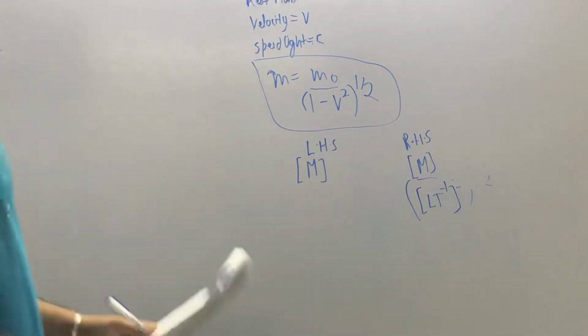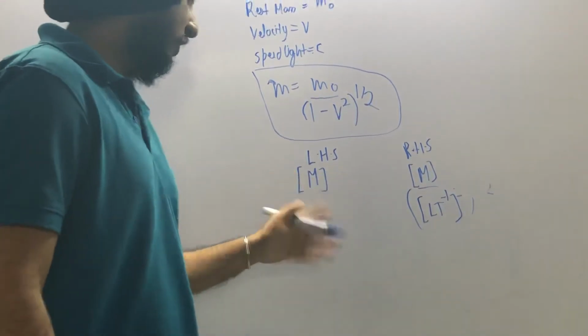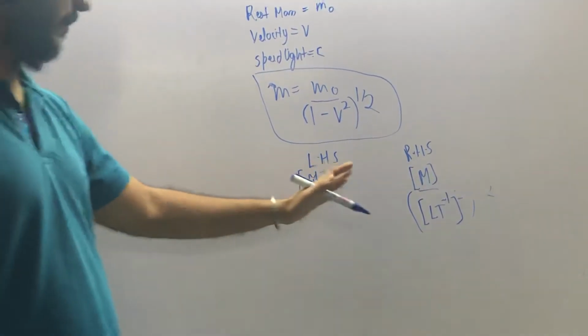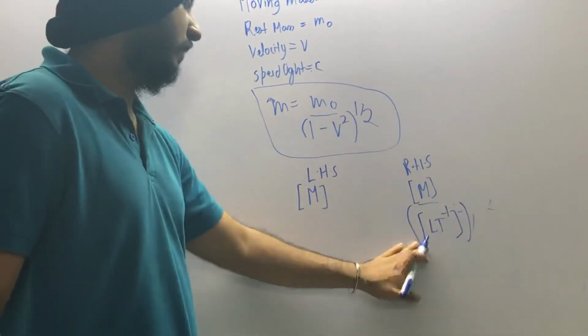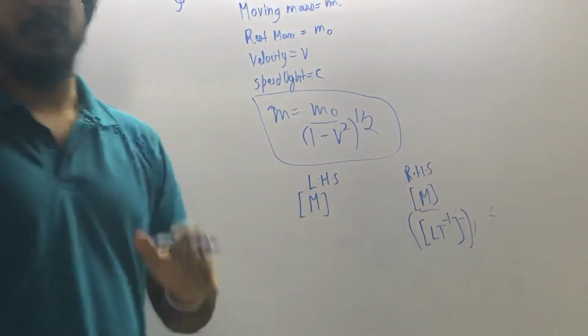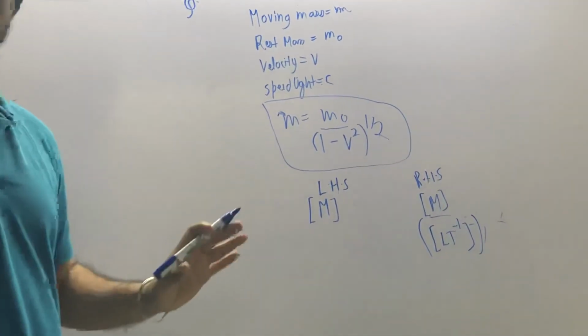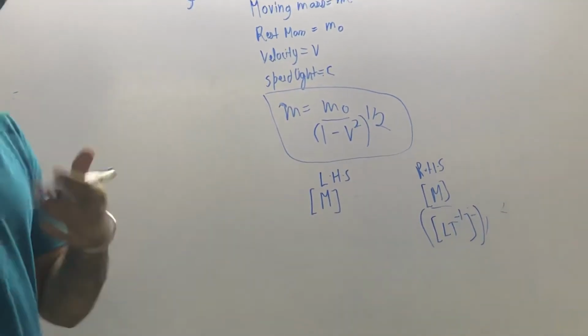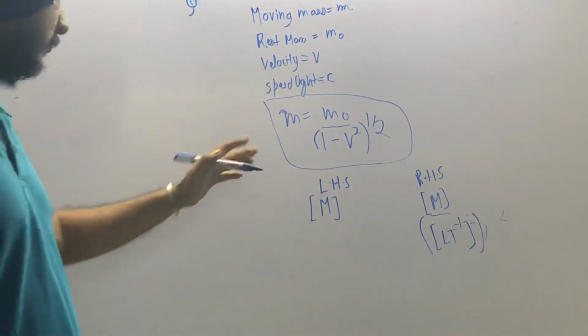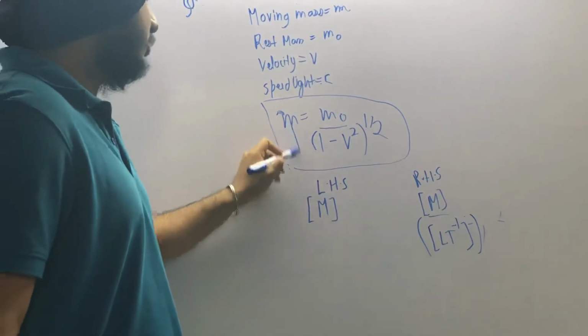So what we have to ensure is that this relationship comes out true. In the denominator there is LT minus 1. If this didn't exist, then this relationship would have been true, m is equal to m. This gives you a little bit of an idea what you have to do. We have to make this relationship dimensionless.